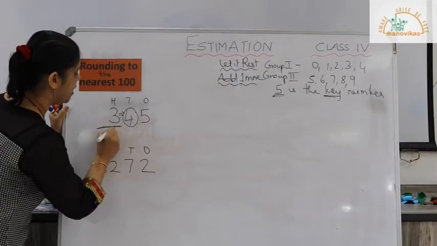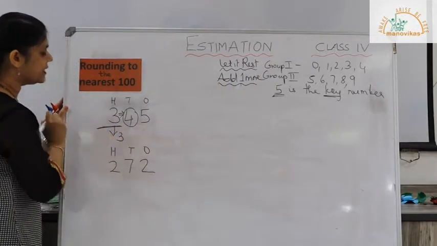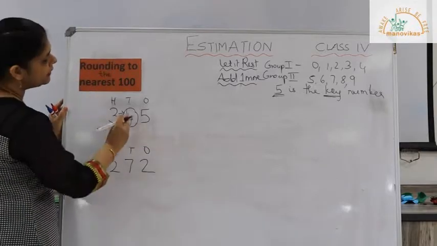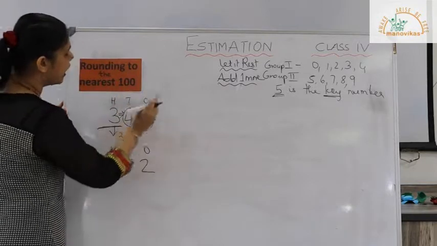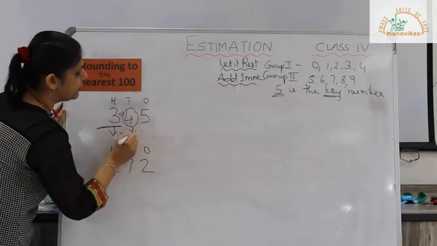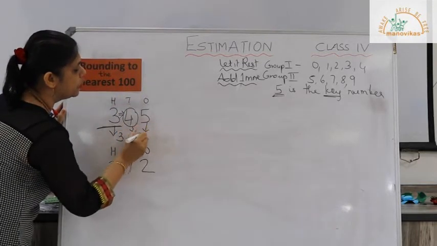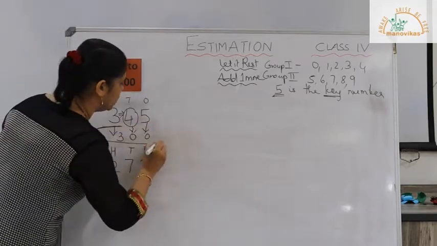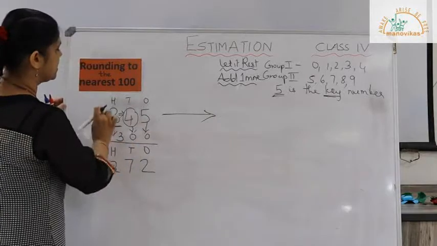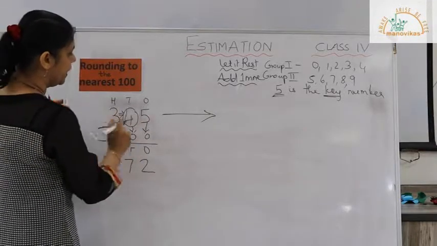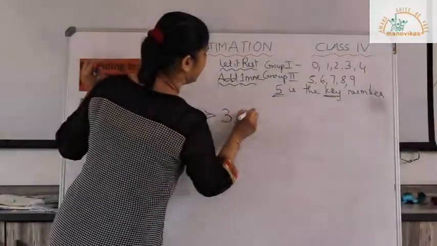The digit in the hundreds place will rest, and the other 2 remaining digits, that is the digits following the hundreds place, will change and become what? 0. So, 345 rounded to the nearest hundred will be 300.